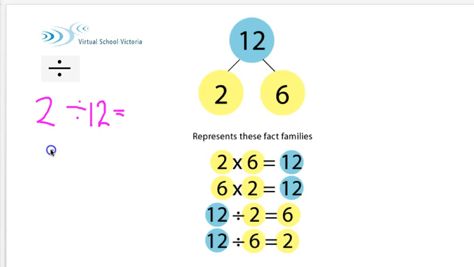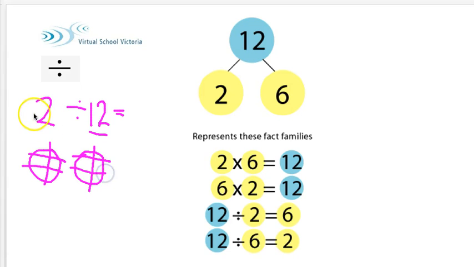I have 2 things. Let's make it 2 oranges. And I have to share them equally between 12 people. Well, not everyone's going to get even 1 orange, so we have to actually cut the orange in 2 and imagine these as equal pieces.